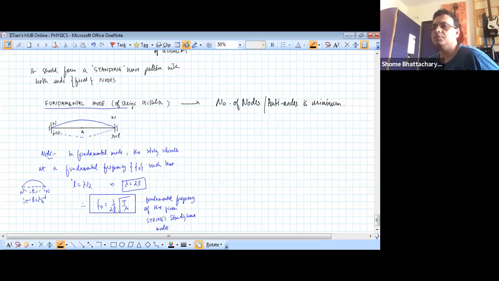So that is why this is becoming lambda by 2, because the distance between consecutive nodes is lambda by 2. Once I know this, I know the frequency, because the relation is f lambda equal to square root T by mu. That is the physical property of the string: the relationship between wavelength, frequency, tension, and linear mass density.